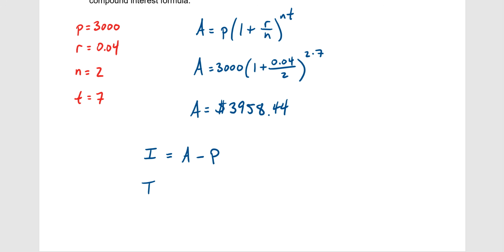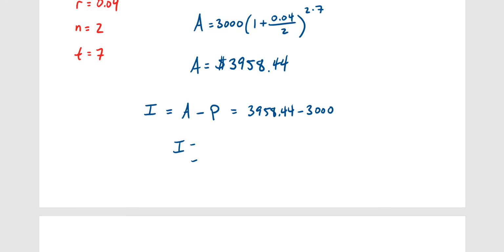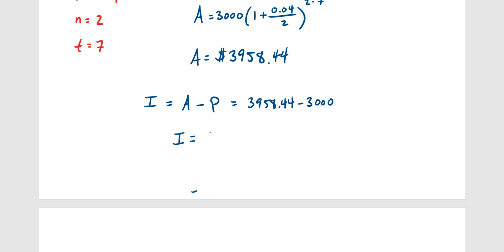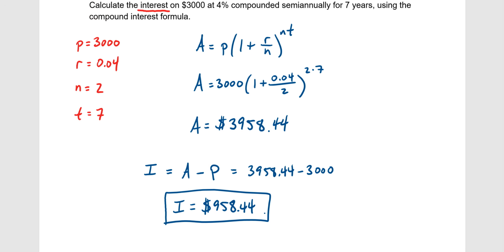That's going to give us $3,958.44 minus the original principal of $3,000. That gives us I equals $958.44. So that was the total interest for this particular question.